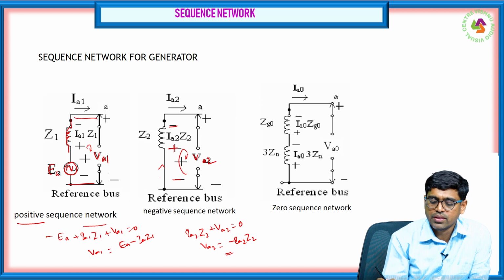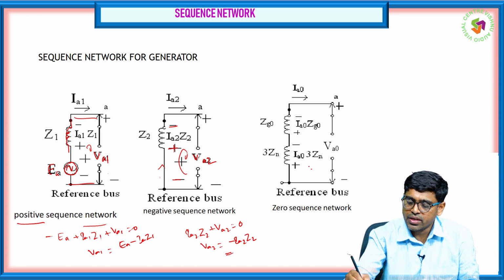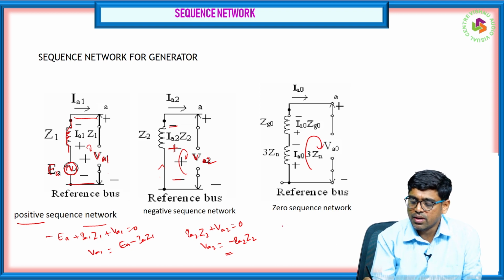That is the negative sequence voltage induced in this. Similarly, for the zero sequence loop, it is Ia0 into 3 times Zn plus Ia0 into Zg0 plus Va0 equals 0. From this, Va0 is nothing but minus Ia0 into Zg0 plus 3 times Zn.